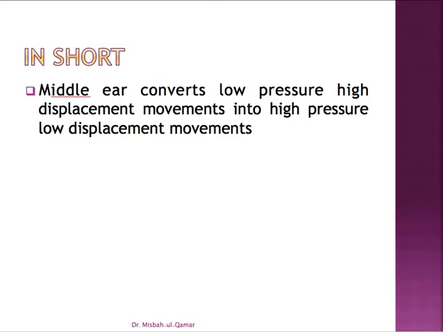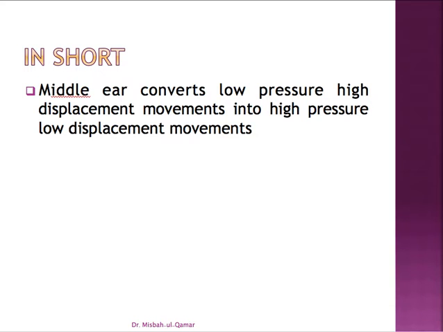Right, so I hope that you have comprehended the impedance matching mechanism, which is achieved through three factors: the ossicular lever action, the factor of the surface area, and the curved membrane effect.